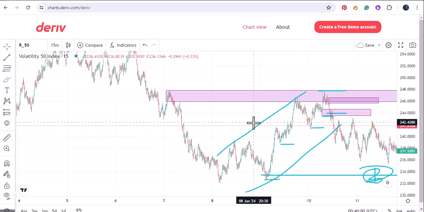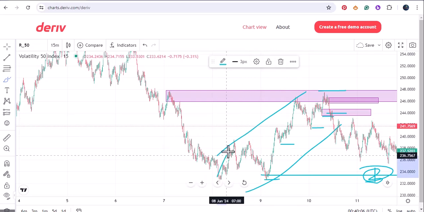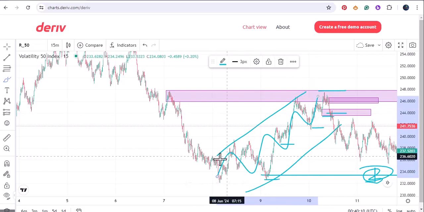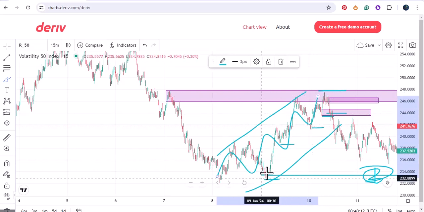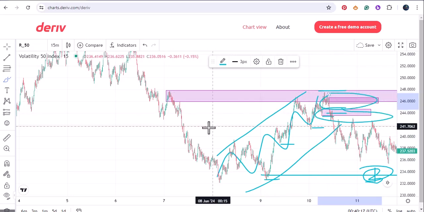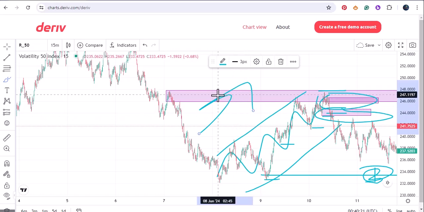On the M15, what are we doing? On the M15, we're going to be looking for entries, and we are going to be understanding this idea of seeing a retracement as a trend and then ignoring that and identifying our breaker and order block as price touches our order block from the H1 time frame.